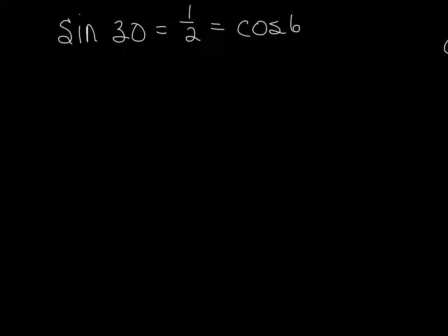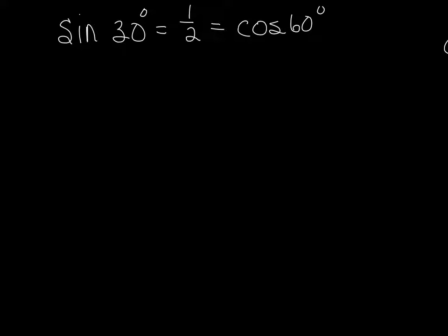All right, remember on the warm-up we just looked at, we said that the sine of 30, which was 1/2, is the same as the cosine of 60 degrees.